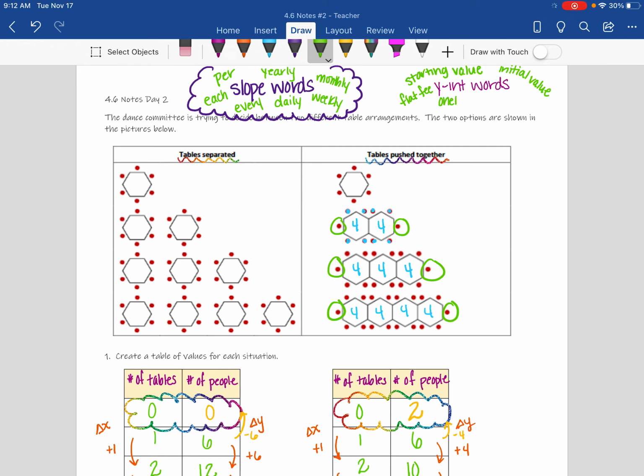One-time charge. Okay, anything that is your starting value, your initial value, or a one-time charge, those indicate y-intercepts. Okay, all right, that's it.